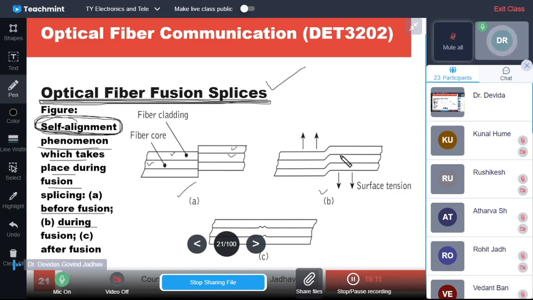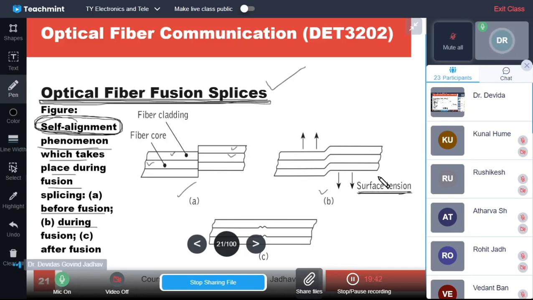Whenever there is a fusion of the fiber, the fiber ends go into a molten state, and there is a physical property called surface tension. That surface tension provides a drag or force as shown by the arrows. This is tension, this is force.